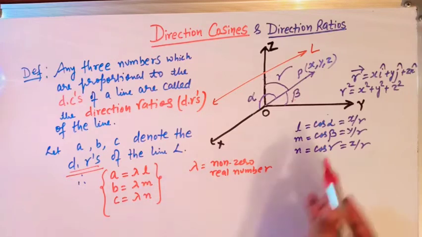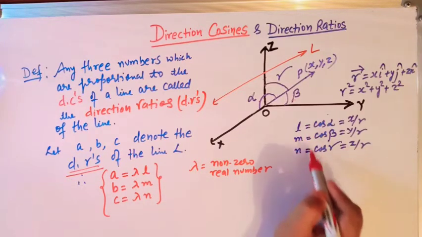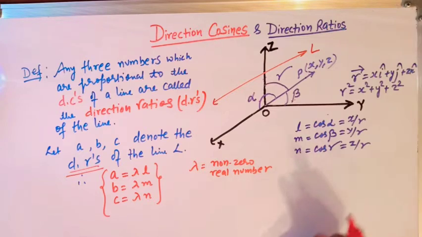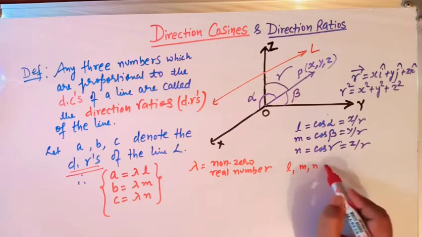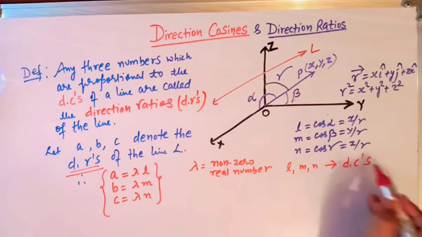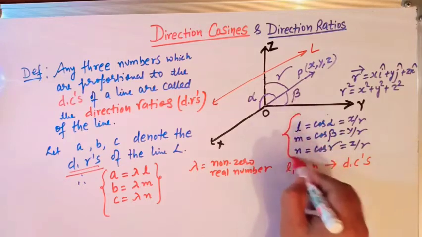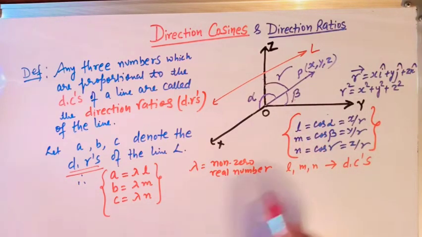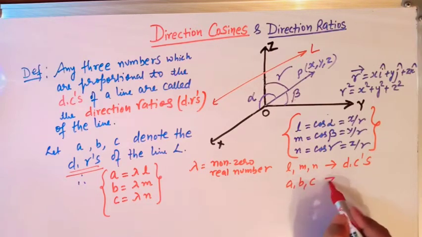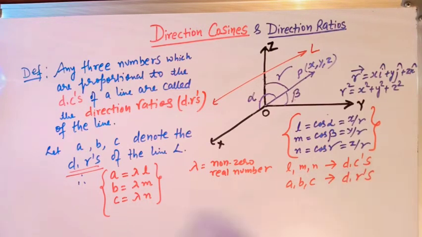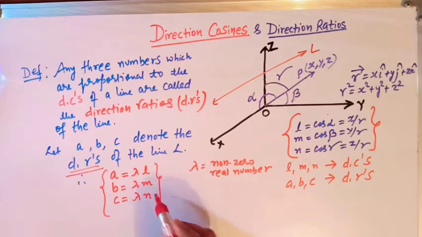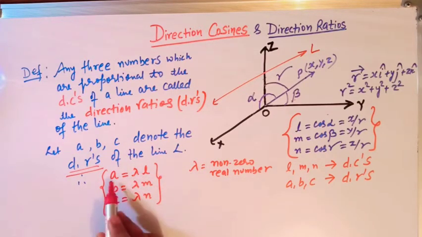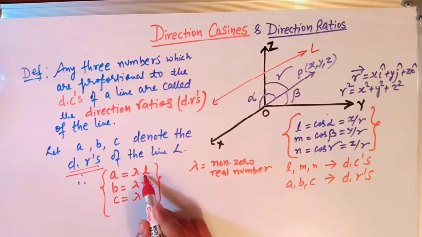L, M, N are given by these expressions, right? Okay, so here what we have discussed, L, M, N are called the direction cosines, and these are given by these equations, and A, B, C are called the direction ratios, and these A, B, C are given by these equations, right? Now this is the relationship between direction ratios and direction cosines.